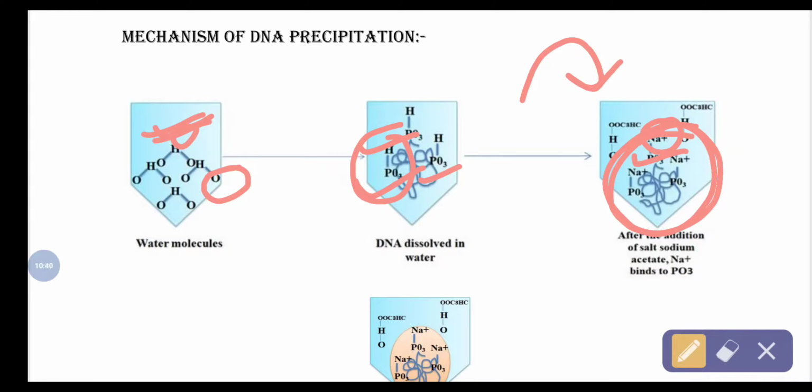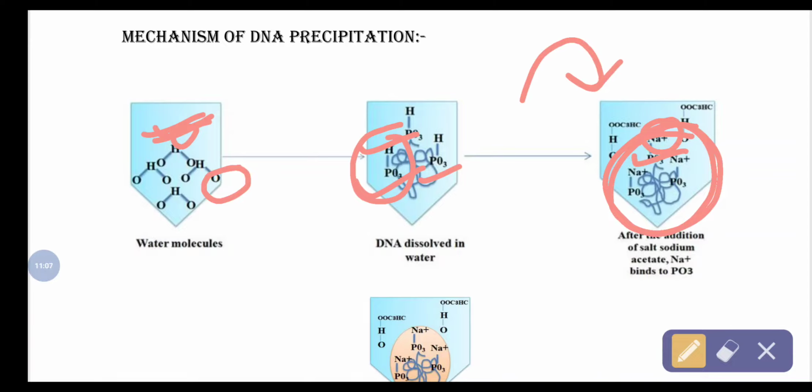So what happens is the dielectric constant of water is more than that of alcohol. Okay, the dielectric constant of water is around 80, and for alcohols, the dielectric constant of ethanol is around 24 and that of isopropanol is 20.